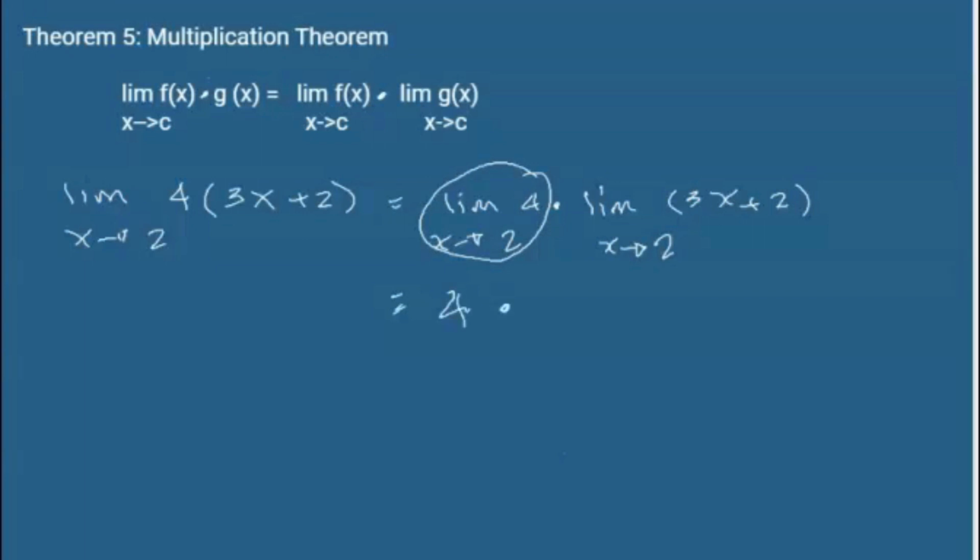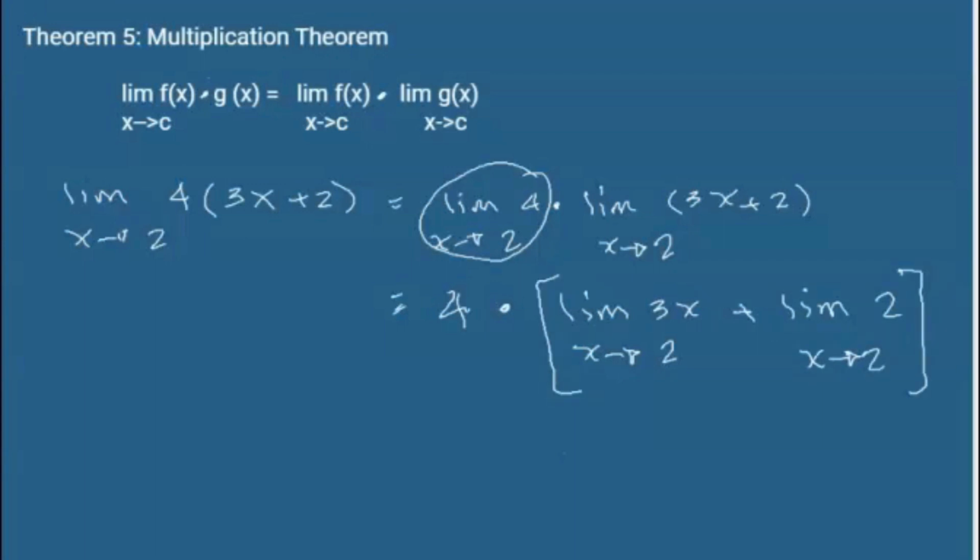So 4 times the limit of, then we can break this down, of 3x as x approaches 2 plus the limit of 2 as x approaches 2. Okay, so let's do that.